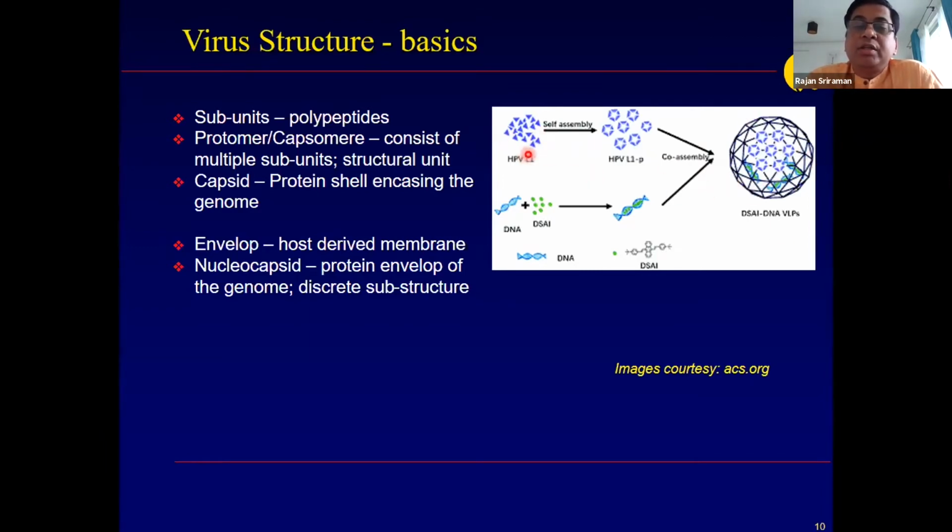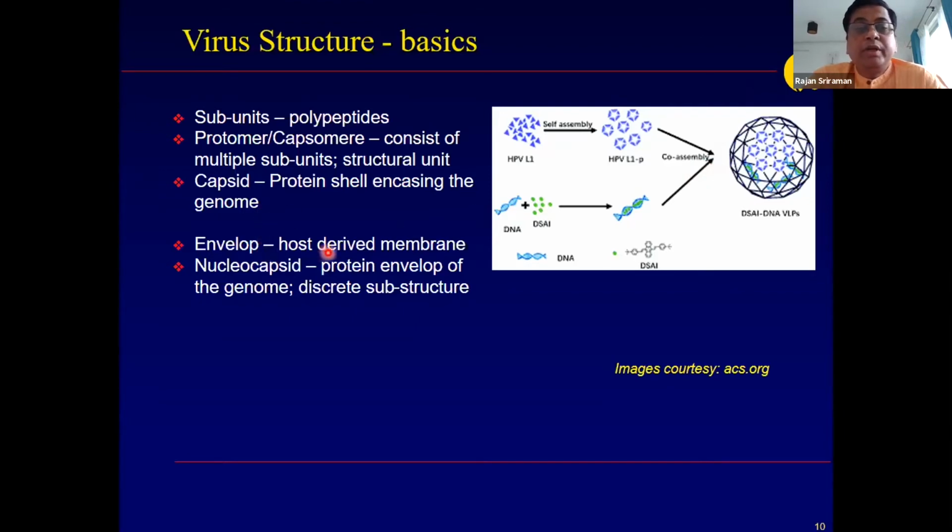In this case, they have only shown L1. Actually, for HPV, there is another capsid protein, L2, which also takes DNA and packages it into a virus structure. A capsid is essentially an assembly of subunits or protomers, which is required to guard the nucleic acid or the genome of the virus.